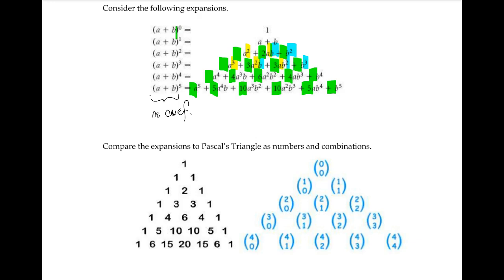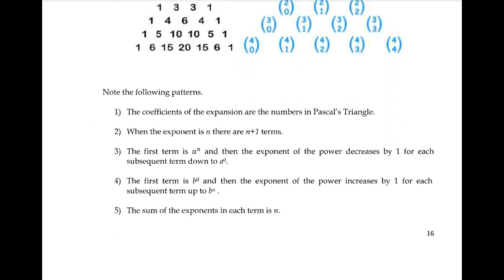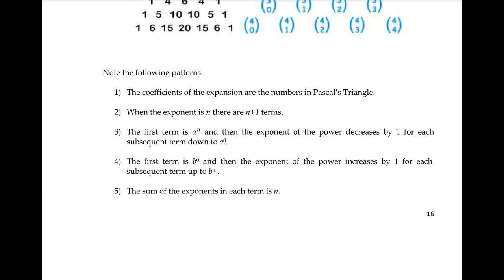To the power of 1, I've just got a coefficient of 1 for each of them. Well, that's 1 and 1 there. And this continues all the way down. So essentially, our coefficients of each term are determined by Pascal's triangle. And so we can use our permutations, or specifically our combinations, to determine the coefficients of any term in a specific binomial power.